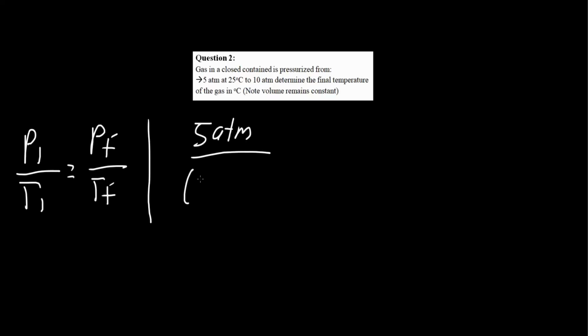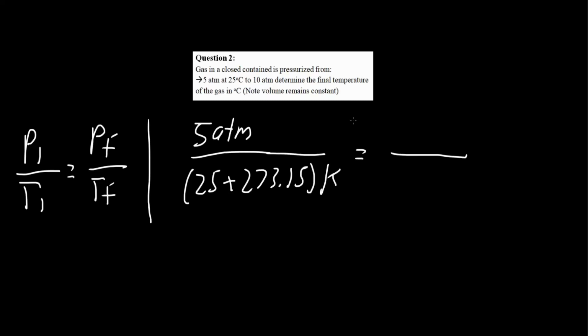We know it's going to be in Kelvin, so 25 plus 273.15 Kelvin, K, is equal to, we know the final pressure as 10 atm, but we do not know the final temperature, so TF. So now this is an important note. Right now, this is atm, Kelvin, atm, Kelvin. So this right here is actually in Kelvin. So when we initially solve for TF, it's going to be in Kelvin. But then we need to go back to Celsius, because that's what the question is asking us.